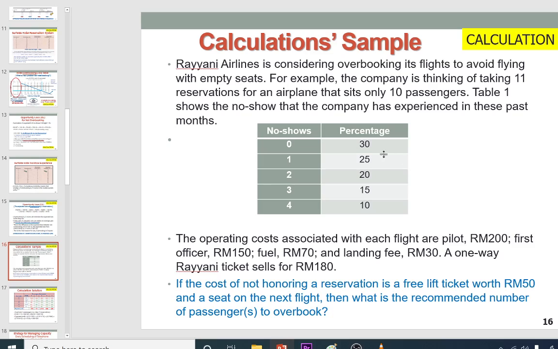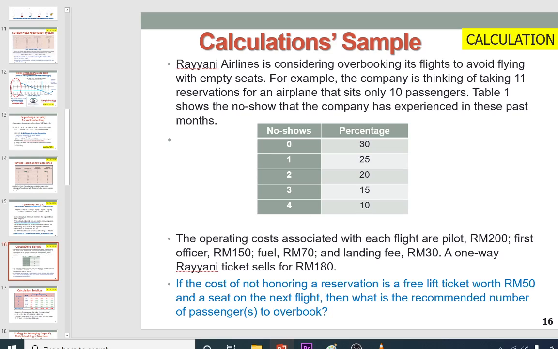The table below shows the column of no-show against the percentage of probability that it will happen. For Ryanair, for no-show, it's about 30% probability. For 3 no-shows, it is about 15% probability. And the same for 4.